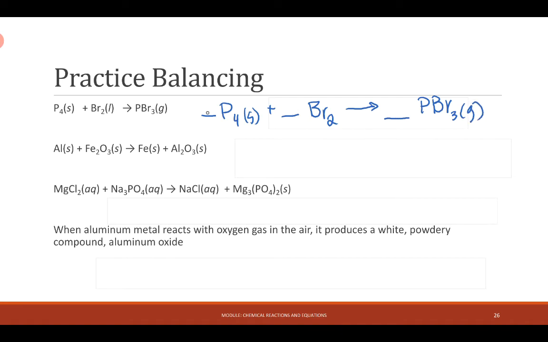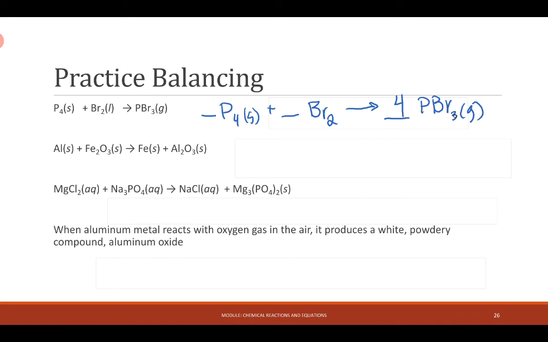If you want to remember to put your coefficients in, you can leave yourself blanks when writing it. But by convention, we don't write ones, so don't put ones unless you're instructed to, like if you're doing an online assignment, you might need to put ones. Otherwise, ones are implied. But I'll put a 4 here.